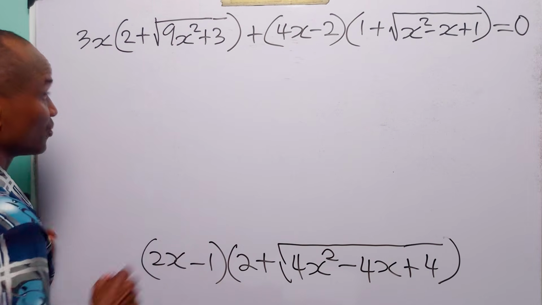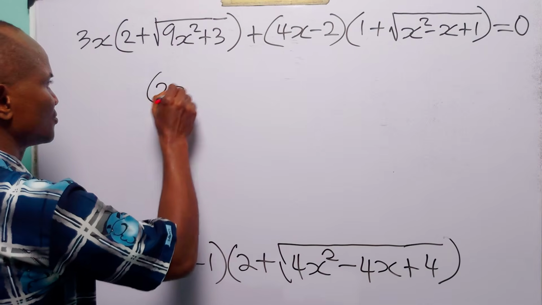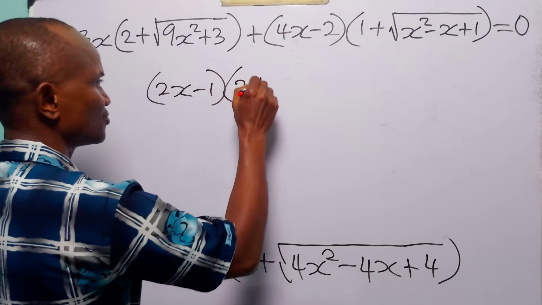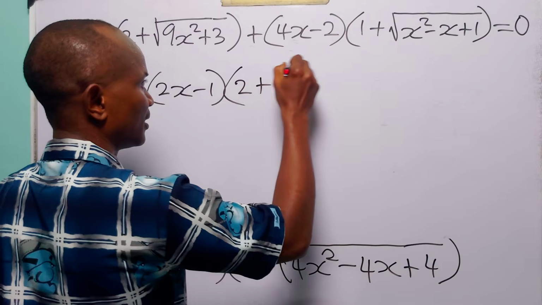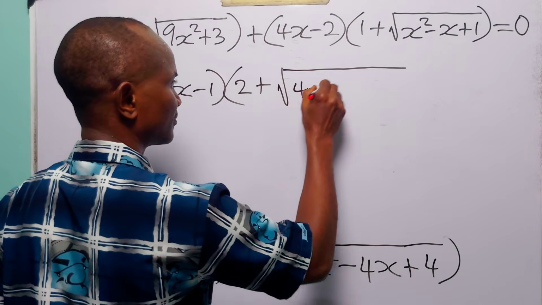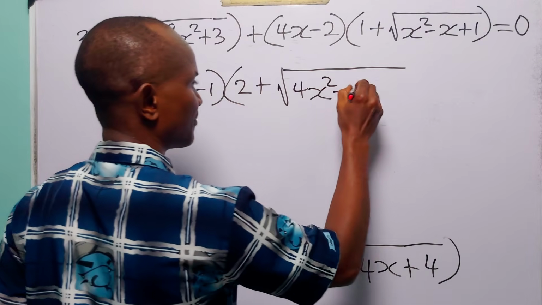And from here, we have 2x minus 1 times 2 plus the square root of 4x squared minus 4x.